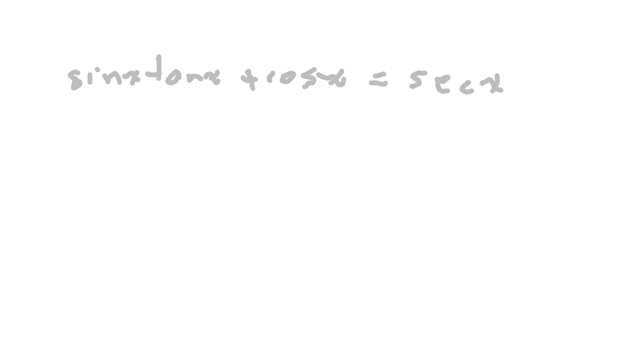I would probably start by changing tangent to sine over cosine. So now I've got sine x times sine over cosine plus cosine x. So I'm left with that.